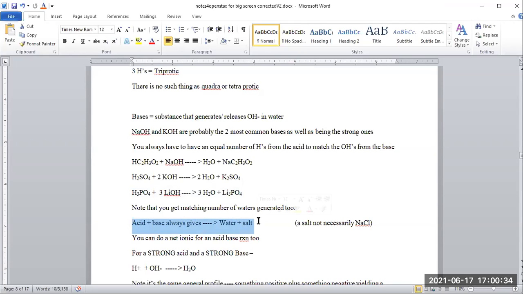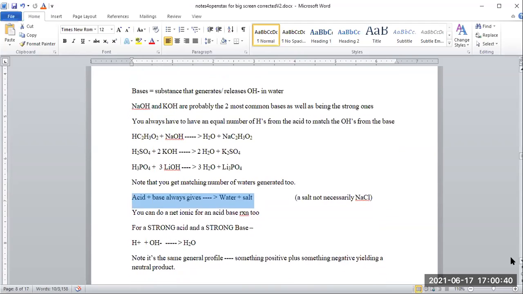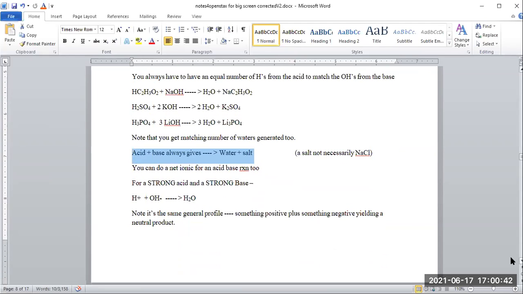One odd thing that is true about acid-base reactions is, as long as we are sticking with strong acids and strong bases, we can assume that we always get the same net ionic.